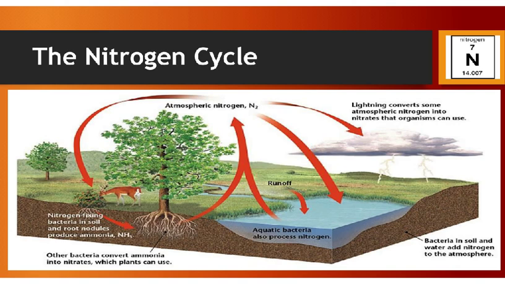Another thing that can happen, the nitrogen can dissolve into water, and there's bacteria in water that can process nitrogen. Or nitrogen can be in the air, and lightning itself will convert some of the nitrogen into nitrates. So just the lightning itself, going through the air, there's so much energy in there, it causes spontaneous chemical reactions of some of the nitrogen in the air, which will then get used by the plants.